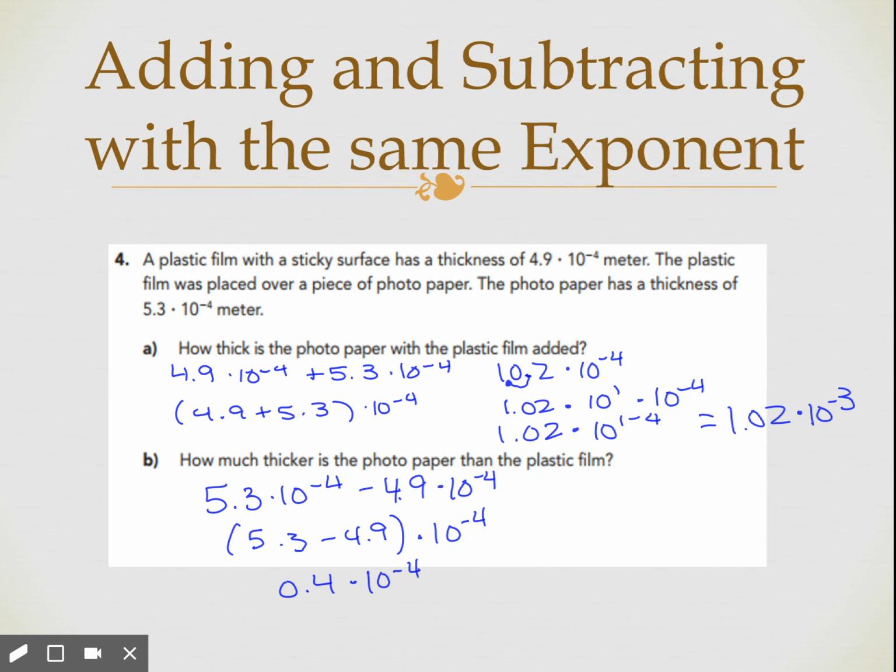Well, again, I can't leave it that way. Now this time I'm moving my decimal to the right. So that becomes 4 times 10 to the negative 1 times 10 to the negative 4th. Again, it's a negative 1 because I moved it to the right, which is 4 times 10 to the negative 1 minus 4, which finally equals 4 times 10 to the negative 5th difference.